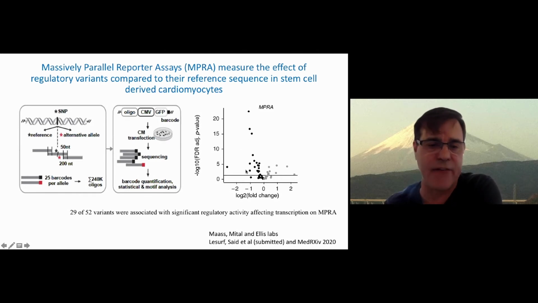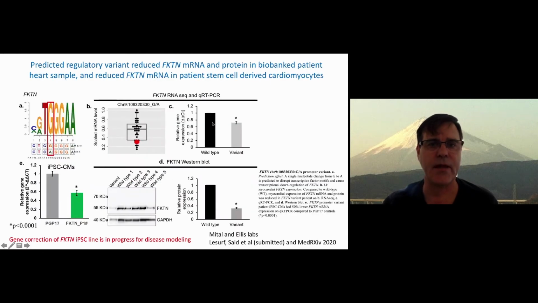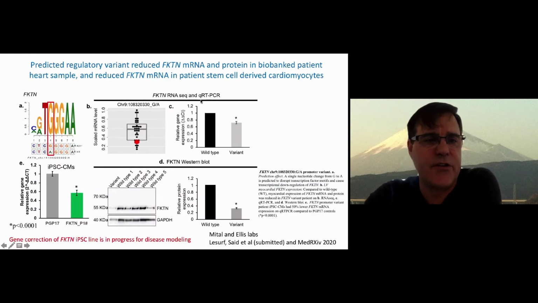When you look at 52 variants that Seema's group found in the genomics, you can see that 29 of them have either more or less expression of those sequences.